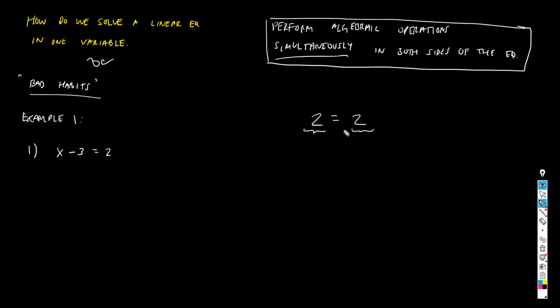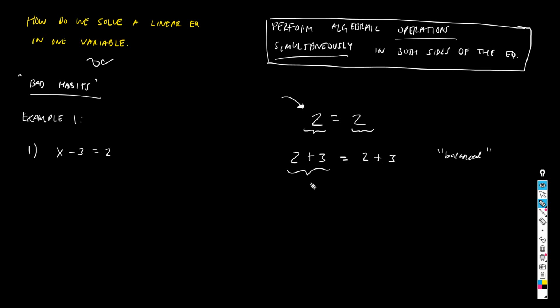I feel dumb saying this because it's obvious. So if you change this side, let's suppose that you're gonna add 3, and if you do the same operation on the other side, then the equation is gonna be kept balanced, so to speak. I'm abusing the language, but it's gonna maintain the balance in both sides of the equation, right?